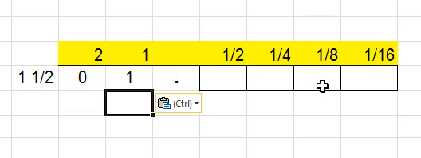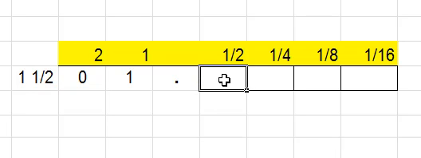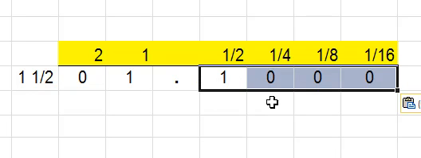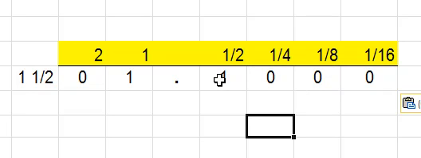That's how we represent with the bit pattern. So we're going to do 1.5, so I simply put in a 1 in the column for a half and zeros after that. So this is how I represent 1.5, or 1.5 in decimal.